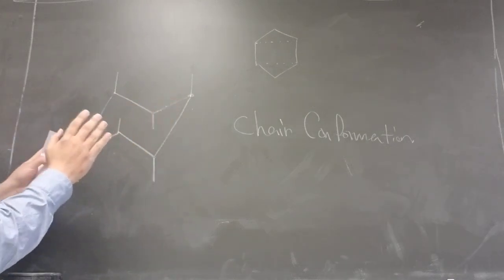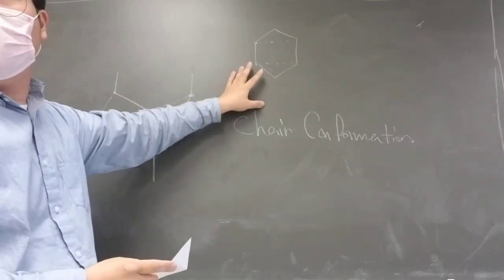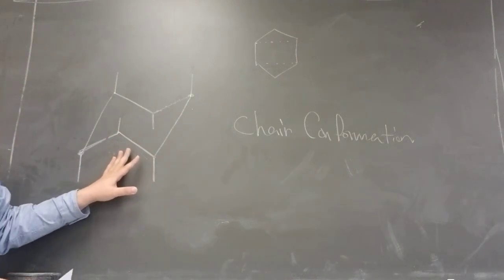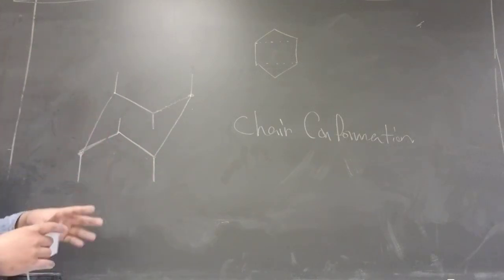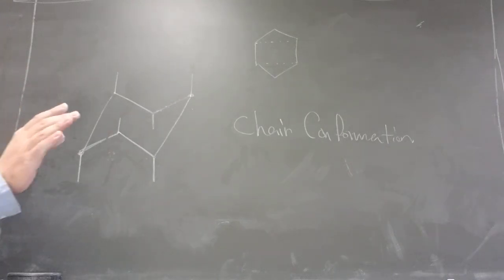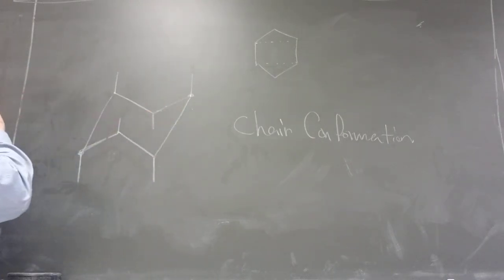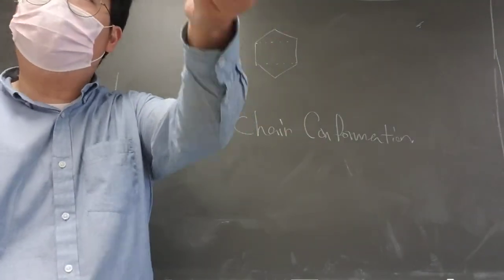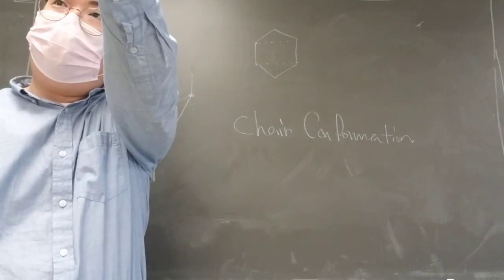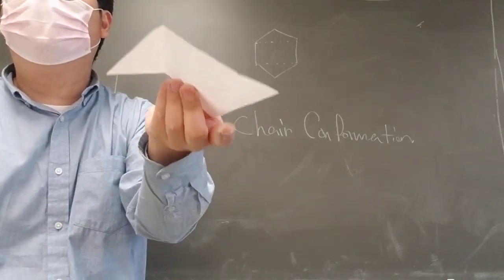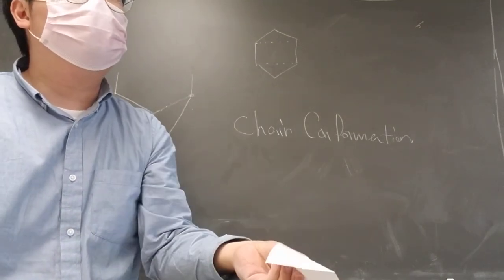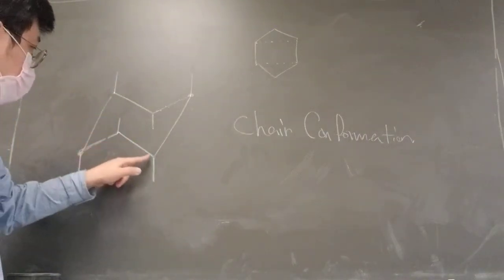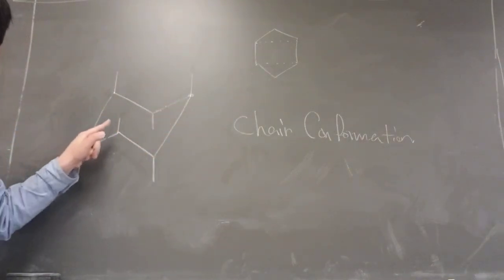No. You're still looking at the same structure, but it looks like this because it shows in a different view, the side view. So now you can see for sure that it is not on the same plane, right? If you look at this one here, they're not on the same plane, right? They're like this because they want to keep their original comfortable bond angle, which is what? Tetrahedral structure. Does it make sense?